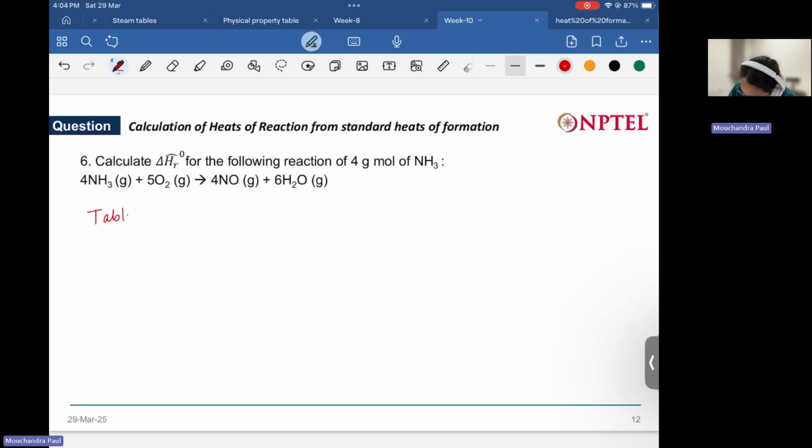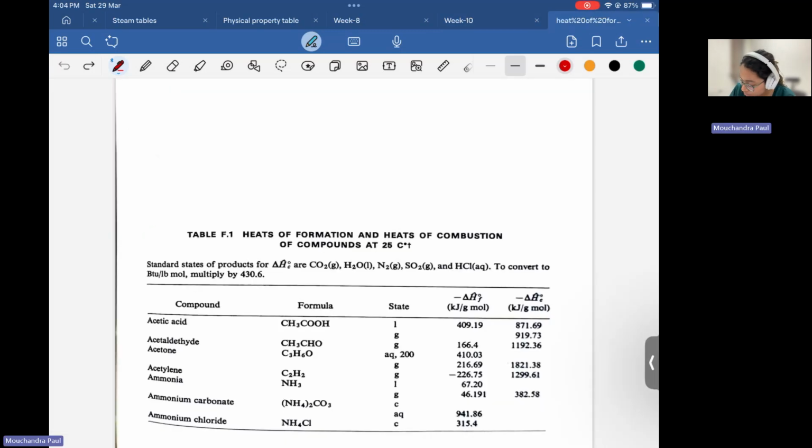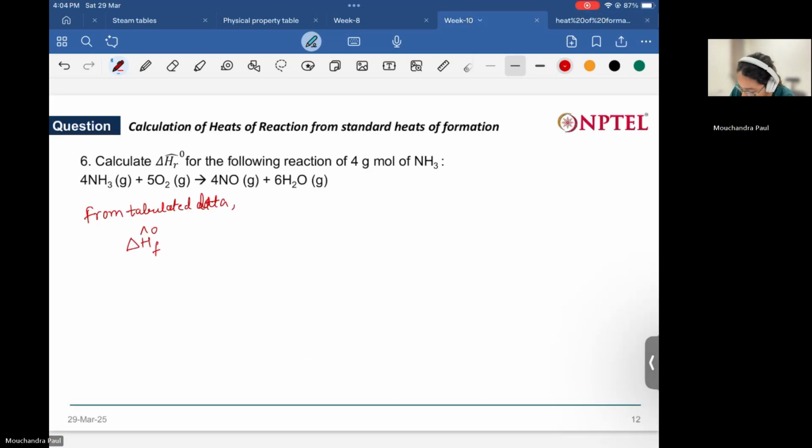From the table, delta HF, the standard heat of formation, is basically at 25 degrees Celsius and 1 atm.